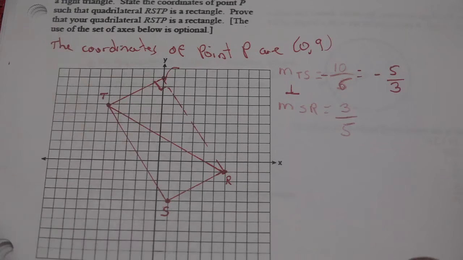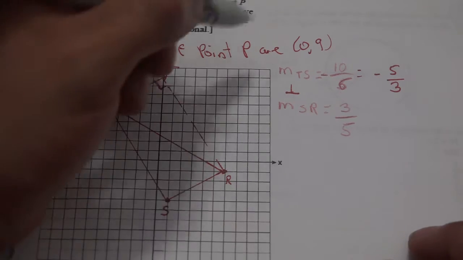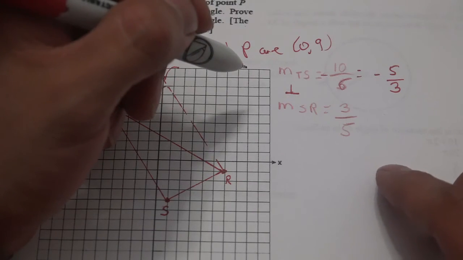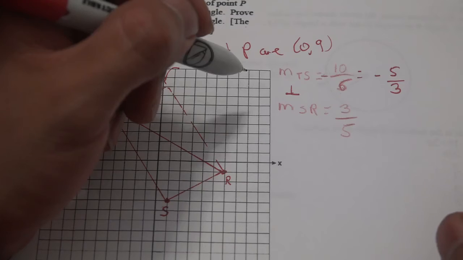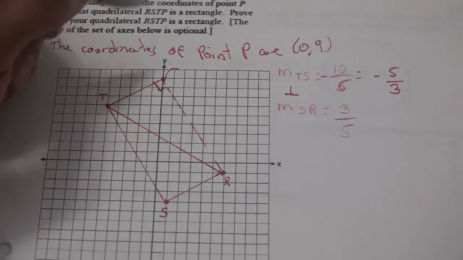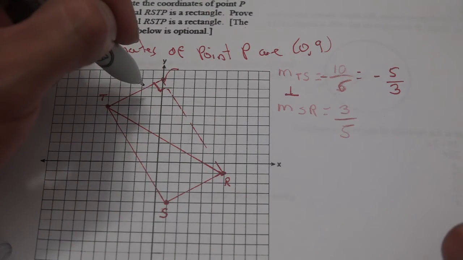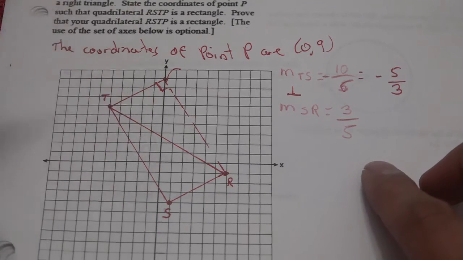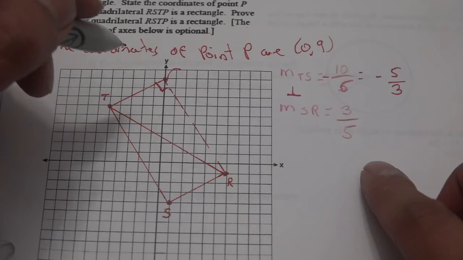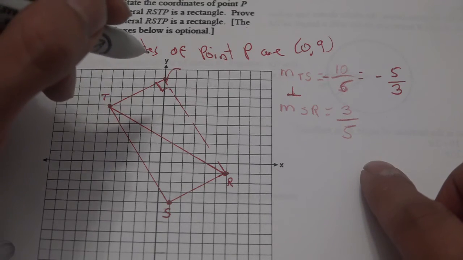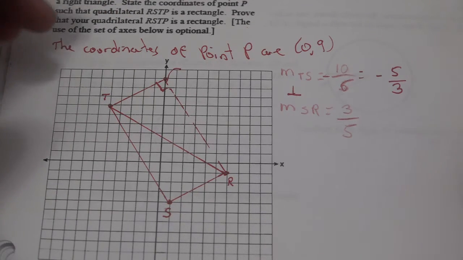And to prove that this is a rectangle, all right, here goes the heavy artillery. So let's see. How am I going to do this? Okay, so we know that this is an angle. Okay, so this is what you're going to be writing.